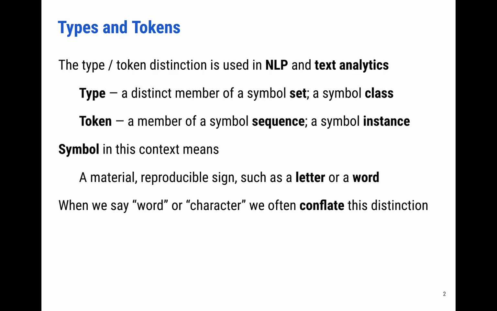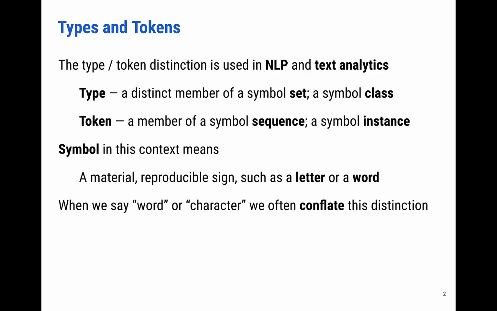It's also important to understand that the word symbol in this context means a material reproducible sign, such as a letter or a word. It can be a letter, it can be a word, it can even be a sentence. Basically, what a symbol is in a symbol set is something that can be defined by context.